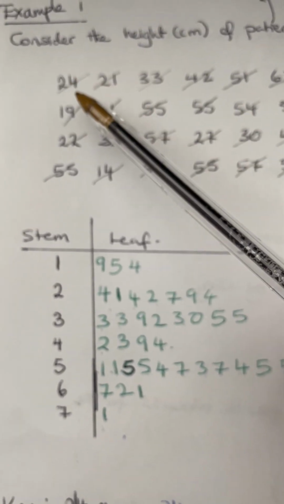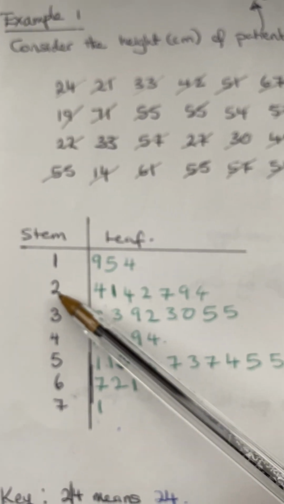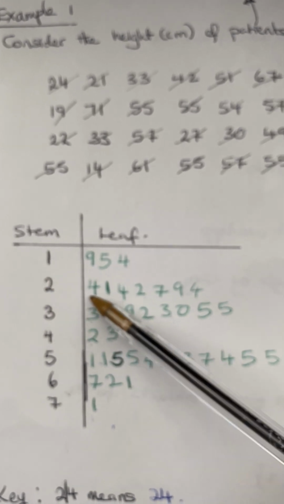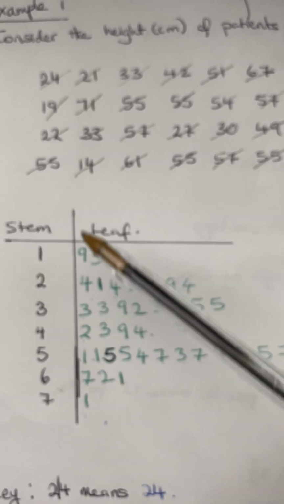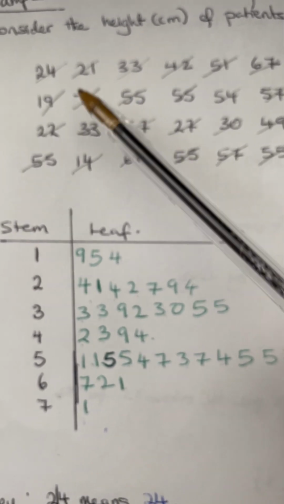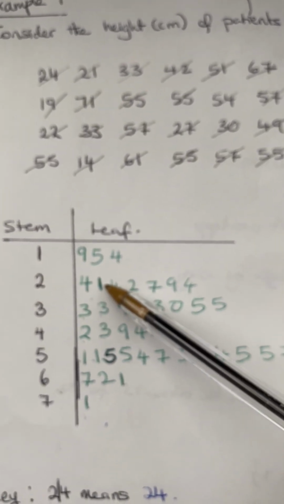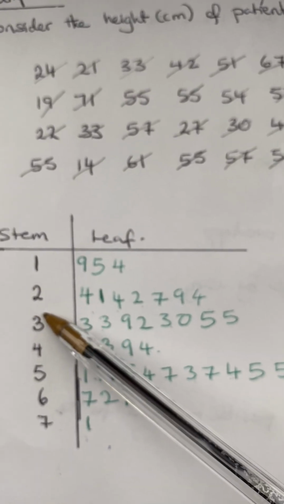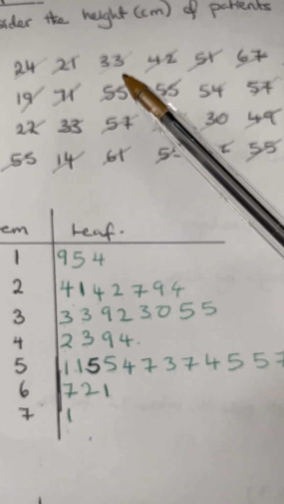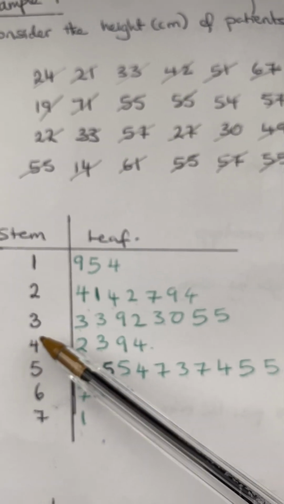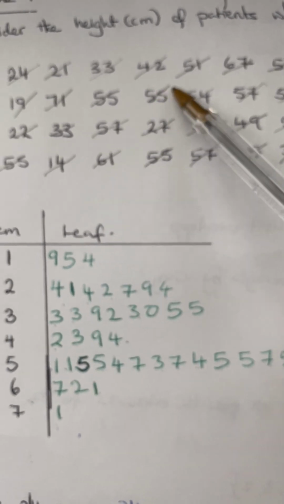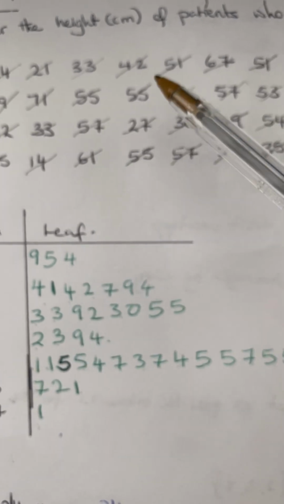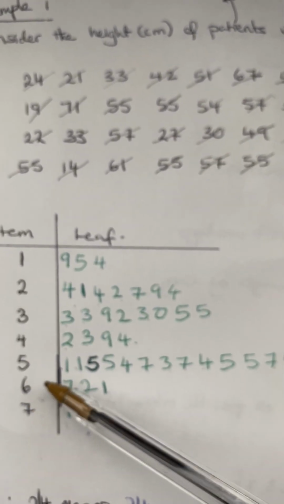So 24 becomes 2 is my tens and 4 is my units. 21 is 2, 1. 33 is 3, 3. 42 is 4, 2. 51 is 5, 1. 67 is 6, 7.